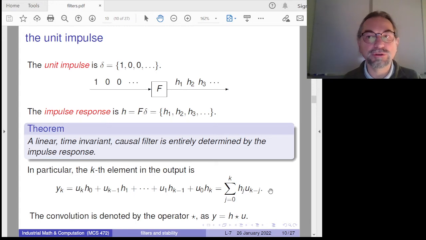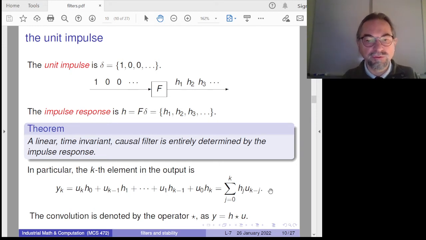Convolutions play an important role. If you have ever multiplied two polynomials with each other or two power series with each other, then you have already computed a convolution. The word convolution sounds convoluted, but it's the operation of computing the output from the impulse response.